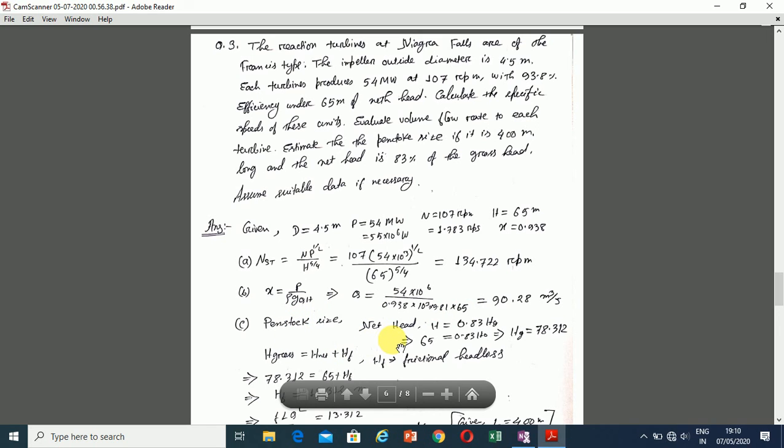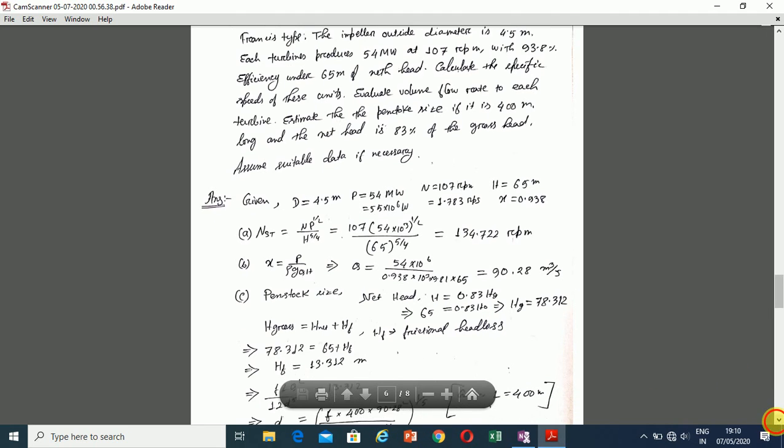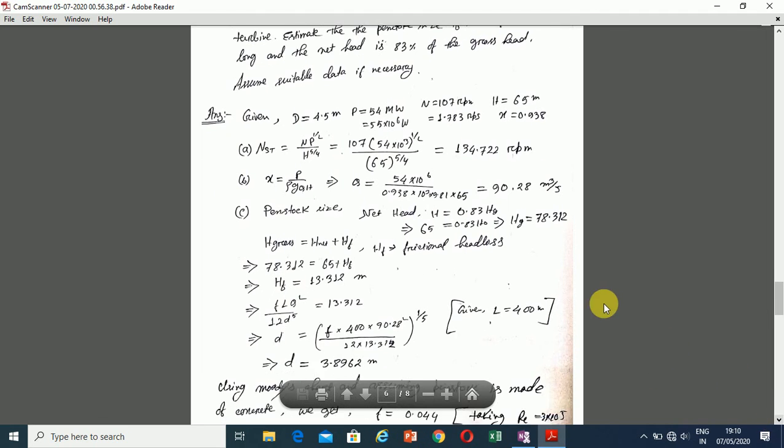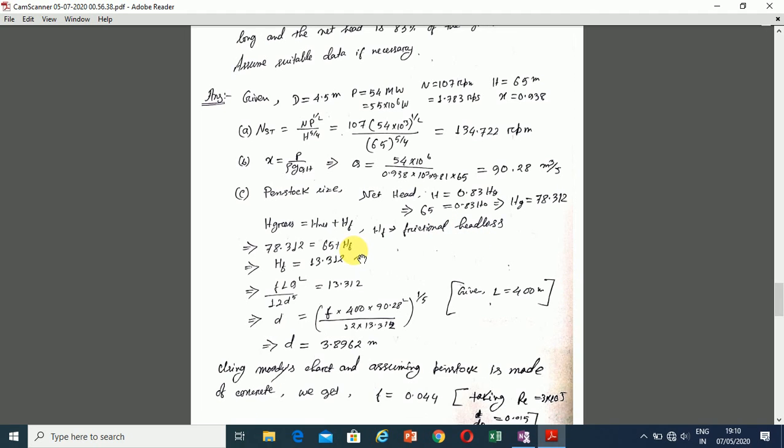Now penstock size. Net head is 83% of gross head, that is H is equal to 0.83 into Hg. Hg is gross head. So net head is given 65 meter, and from here we found gross head is 78.312 meter, and we know net head is equal to gross head minus frictional head loss.